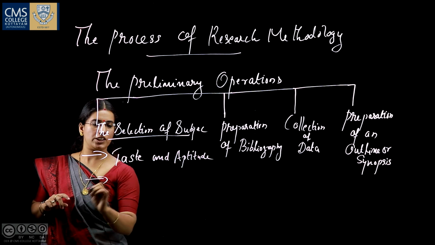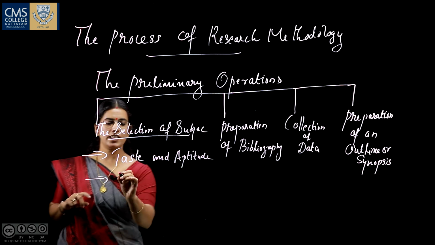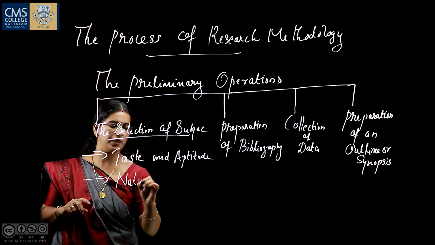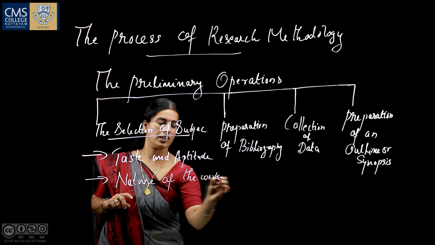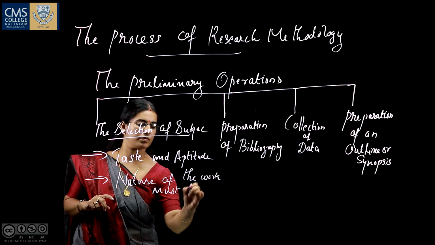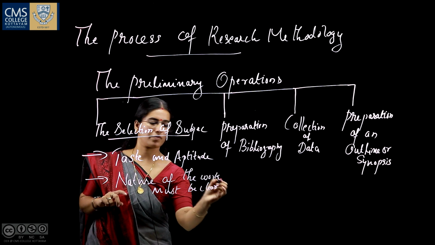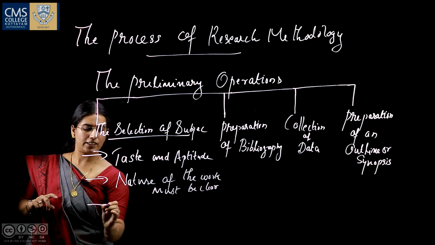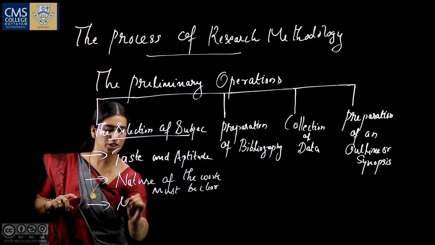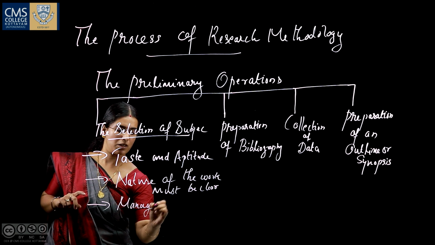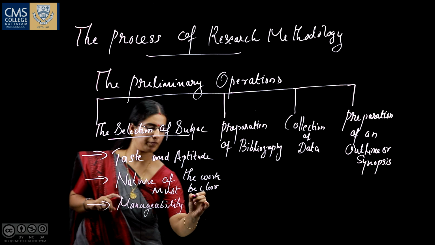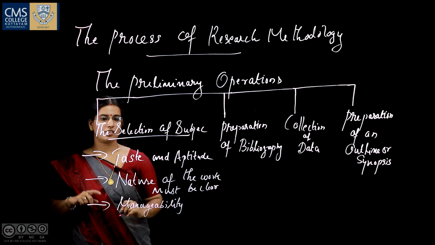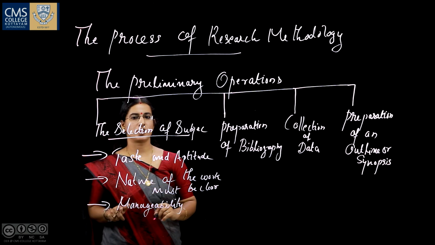The second criterion is that the nature of the work must be clear. The third criterion is manageability of the topic. These are the three criteria in the selection of subject.